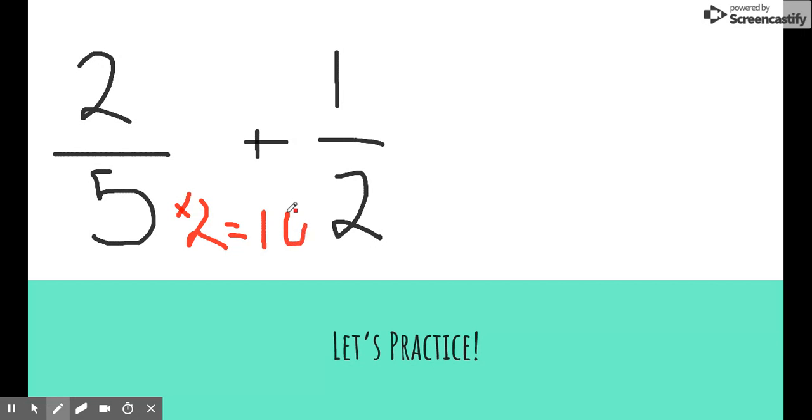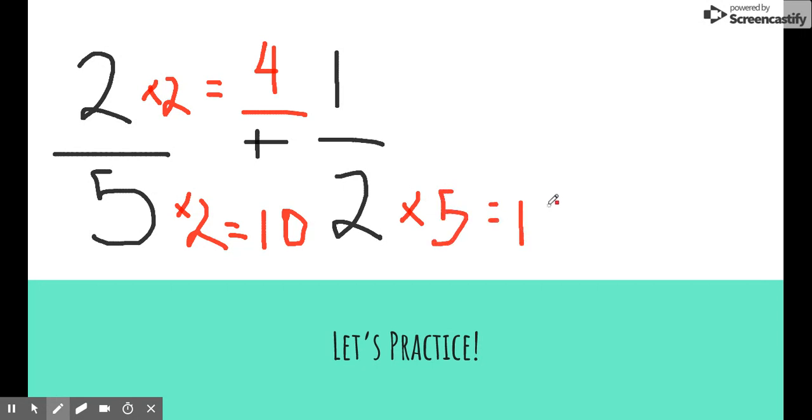And whatever we do to the bottom, we do to the top. So 2 times 2 equals 4. And now we have a new fraction of 4/10. And then if we're trying to get 2 into 10, we know 2 times 5 equals 10. Now we have common denominators because they both have 10.